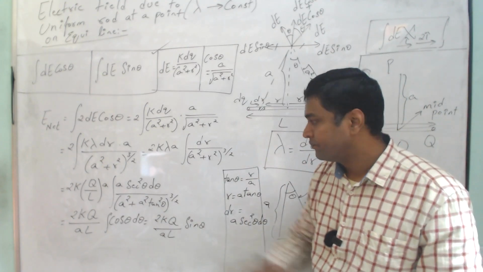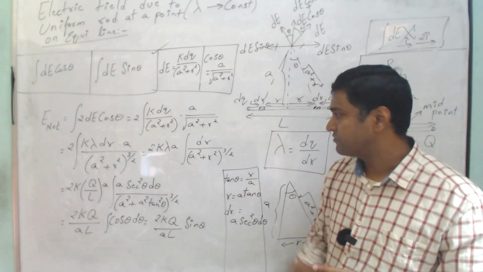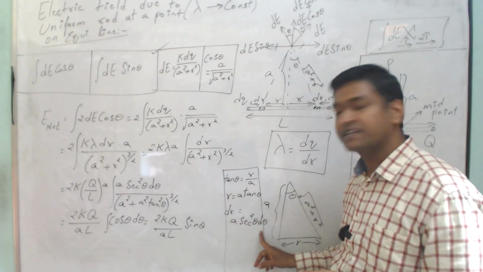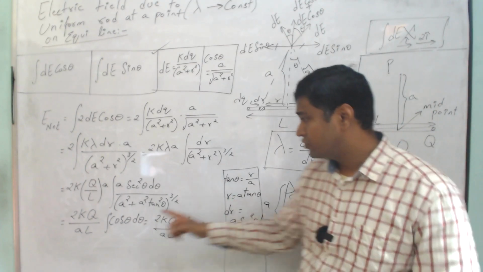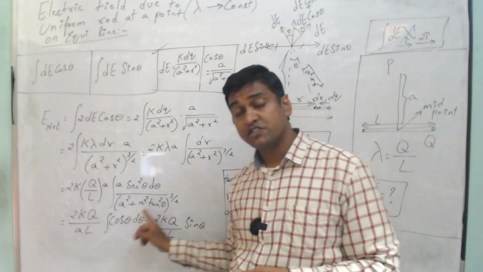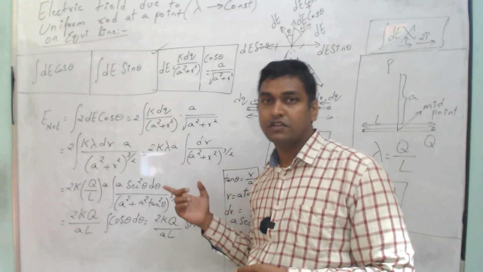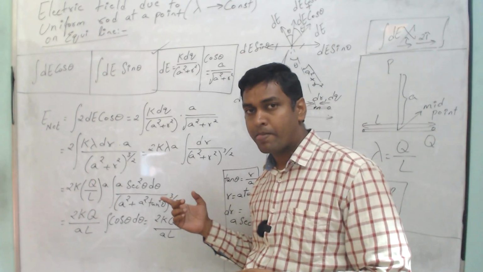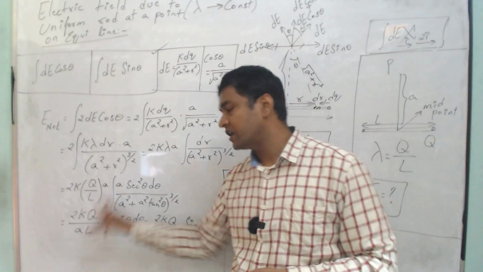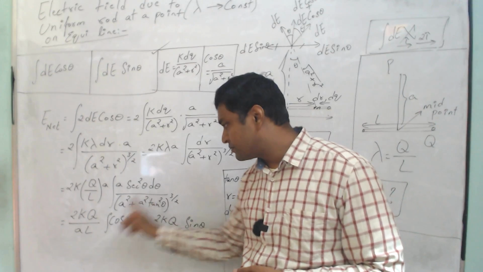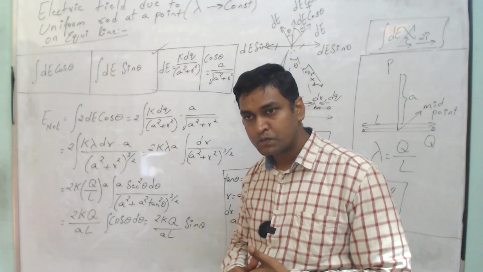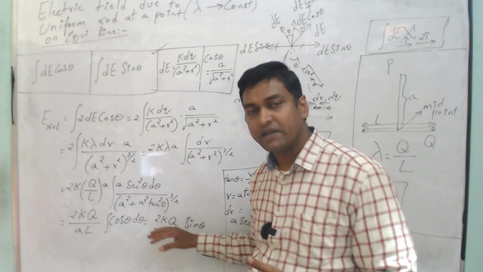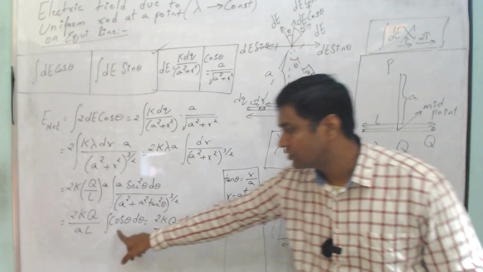Inside, in place of dr, a secant square theta d theta, and in the denominator, a square plus a square tan square theta whole to the power 3 by 2, which eventually will become a cube, and 1 plus tan square theta will become secant cube. So secant square by secant cube will give me cos theta.